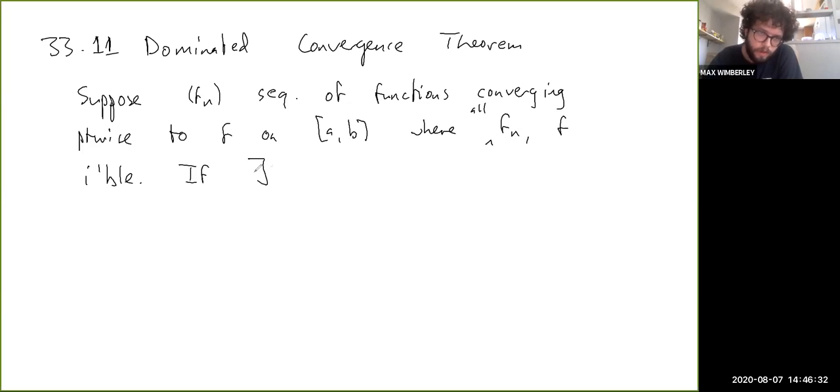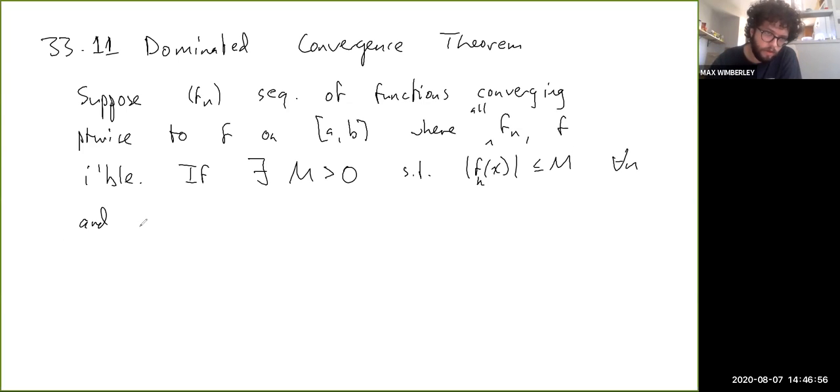If there exists some M greater than 0, I don't know why they say greater than, I guess it's equivalent either way, such that Fn of x is less than or equal to M for all n, and for all x in AB, then the integrals are forced to converge.